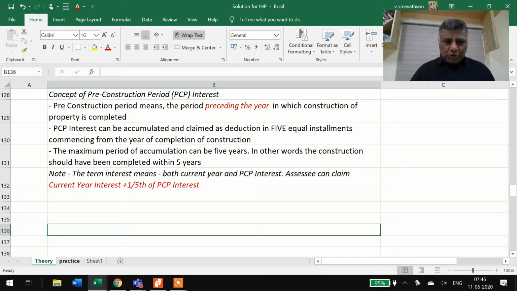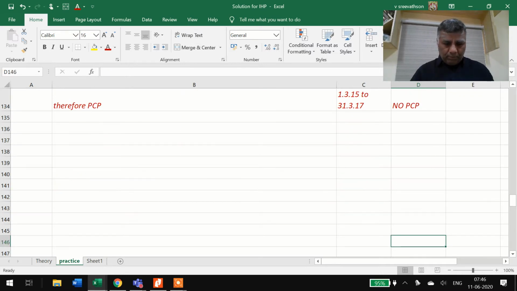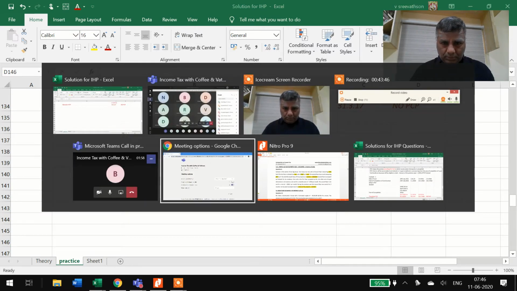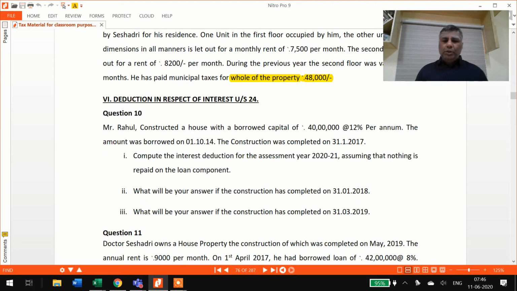So friends, to your practical notebook, question number 10, page number 76. Mr. Rahul constructed a house with a borrowed capital of 40 lakhs at 12% per annum.